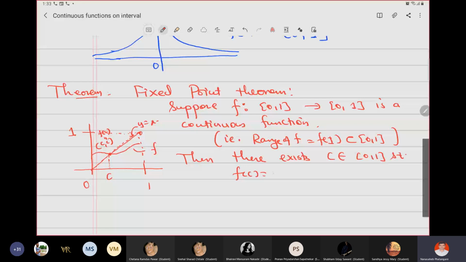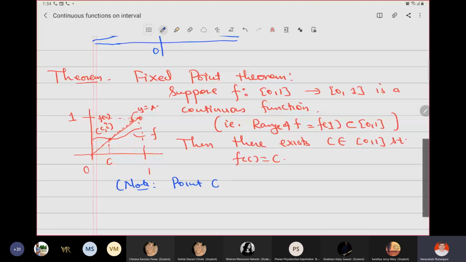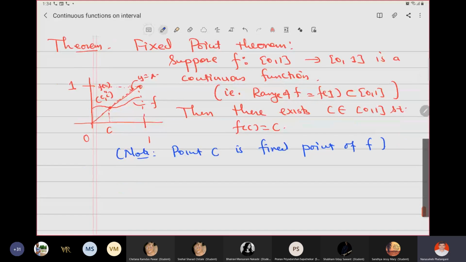The statement is clear. Yes, sir. That means the point c is a fixed point of f. A fixed point means it doesn't change, right?